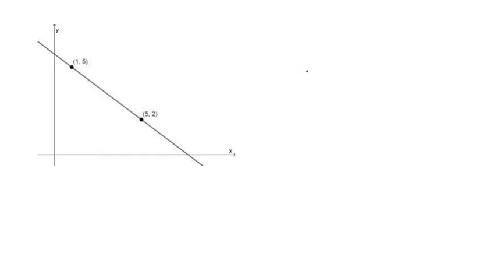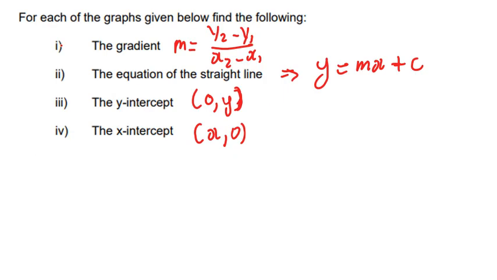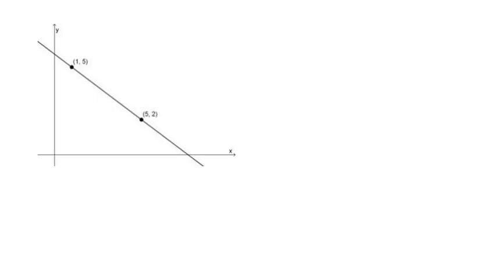Always know that you'll be given at least 2 points, or else you might be given a gradient and a point. So right now we're going to explore all of those ideas together and see how we can solve. Remember, our first one is to calculate the gradient, equation of a straight line, y-intercept, x-intercept. Let's not waste time.